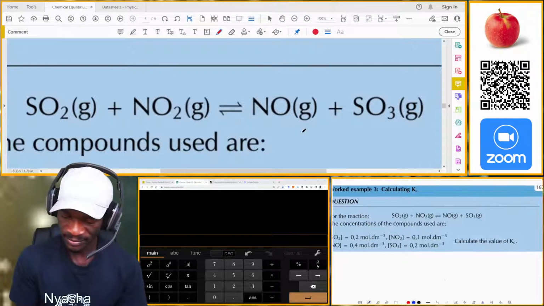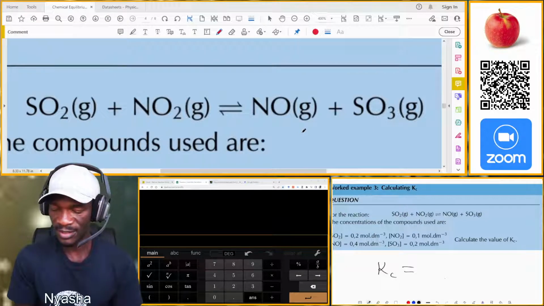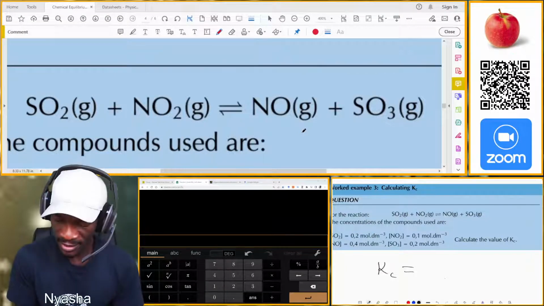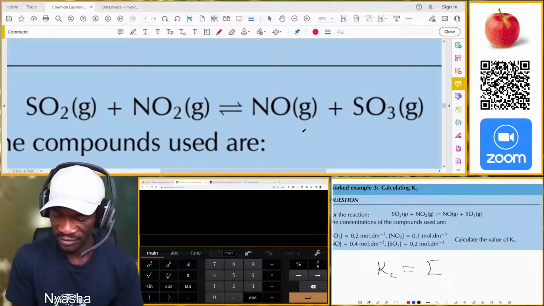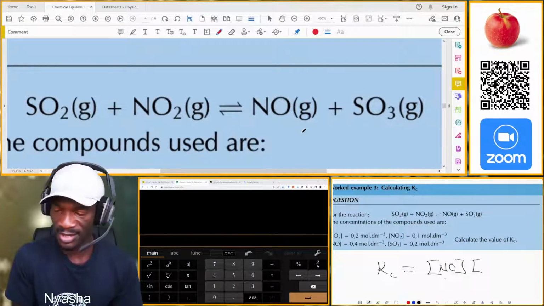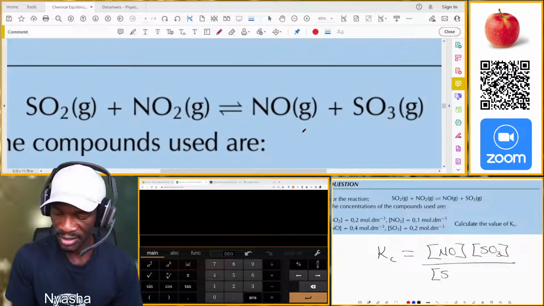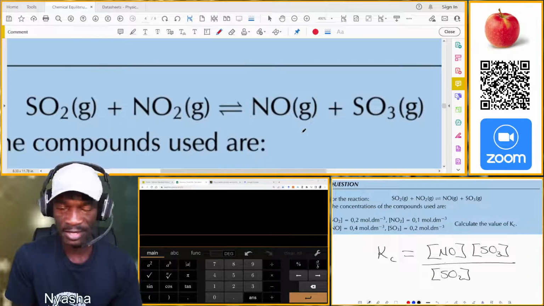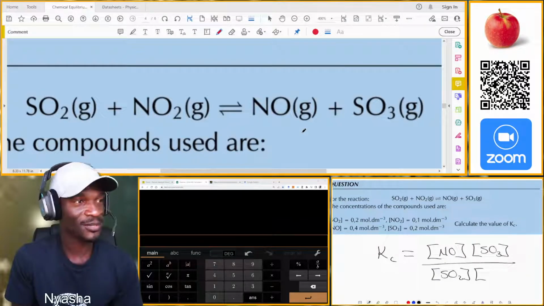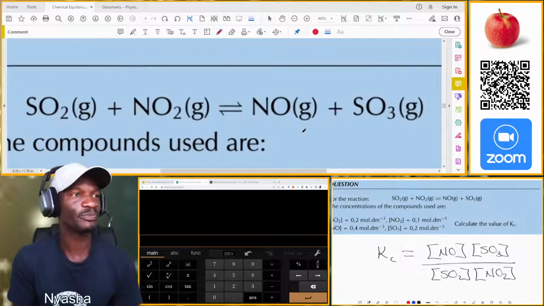So this is our Kc, which is equal to the concentration of our NO product multiplied by the concentration of our SO3 product, all divided by the concentration of our sulfur dioxide multiplied by the concentration of our NO2.